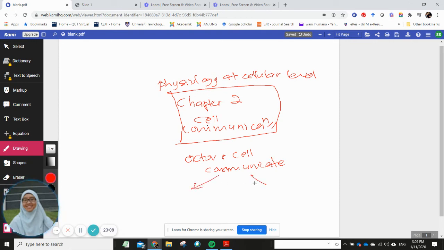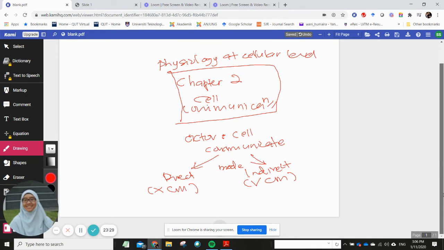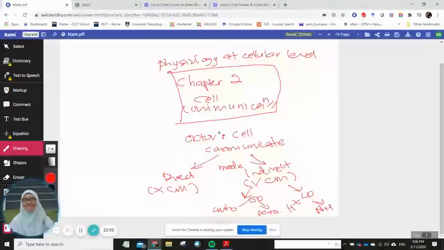In two modes: direct and indirect. In the direct mode, no chemical messenger is involved. The indirect mode involves chemical messengers. Under indirect we have short distance and long distance. Long distance has hormones and neurohormones, and short distance has autocrine and paracrine. Remember there is cell 1 and cell 2, and how far apart they are.